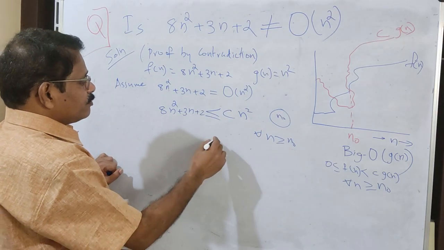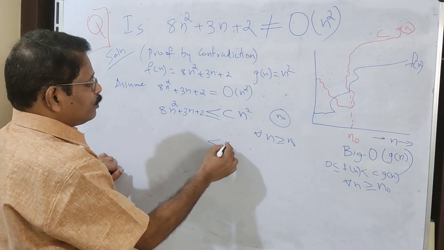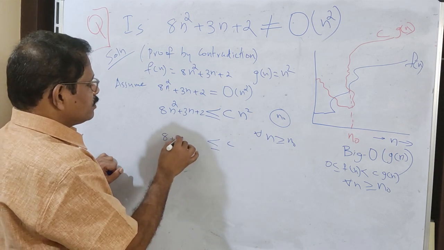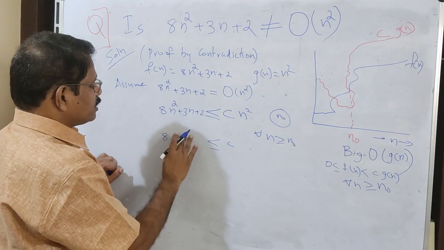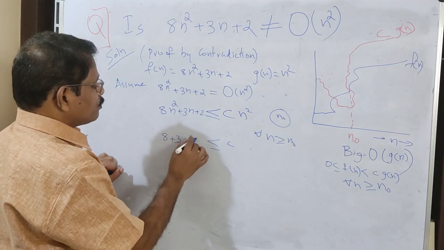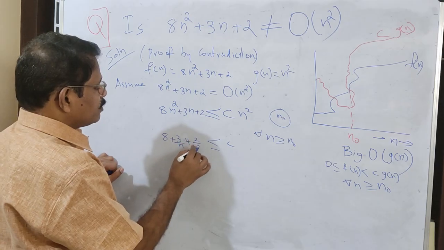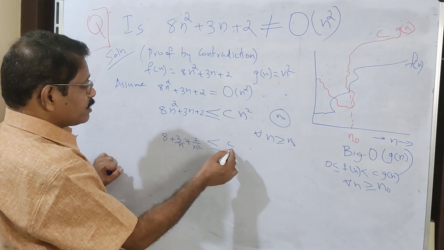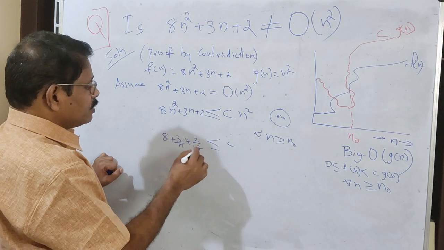Okay, let us do one thing. Divide both sides by n square. We will get 8 plus 3n by n square, that is 3 by n, plus 2 by n square, less than or equal to c. 8 is a constant, c is a constant, both are positive.